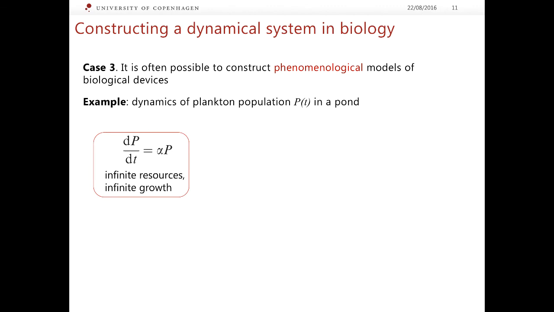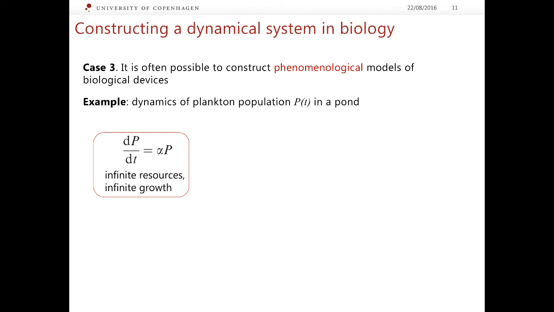The simplest model describing the behavior of the population size p with time is given here. This model assumes that the rate at which plankton is being multiplied, is reproducing, is roughly proportional to the current size of this population. Basically, the more plankton we have now, the faster it will be reproducing.